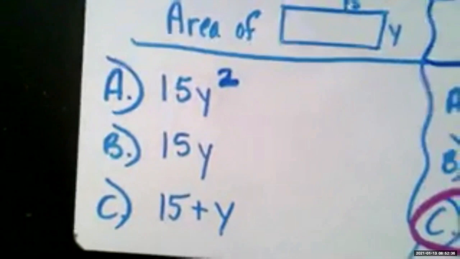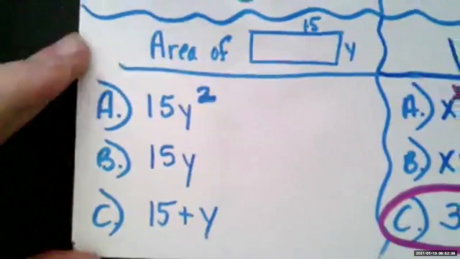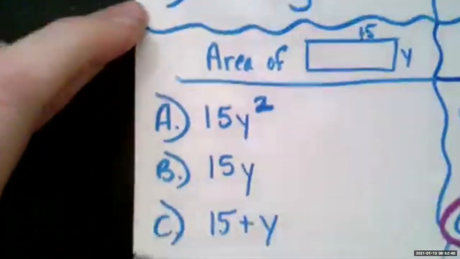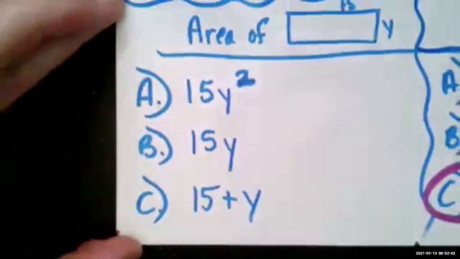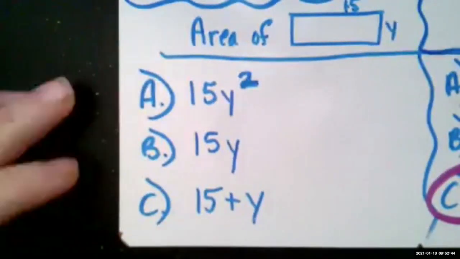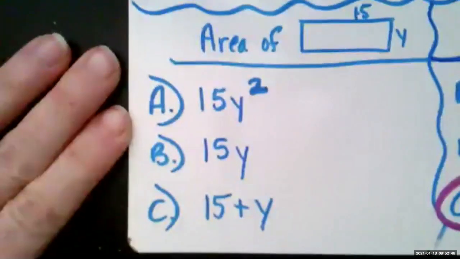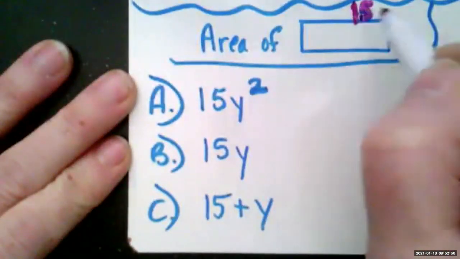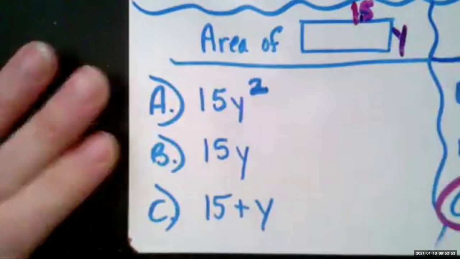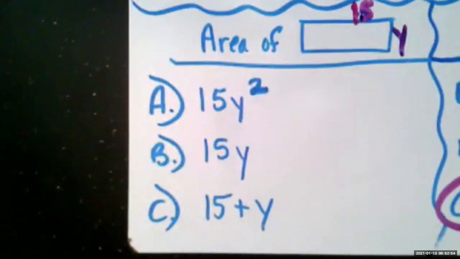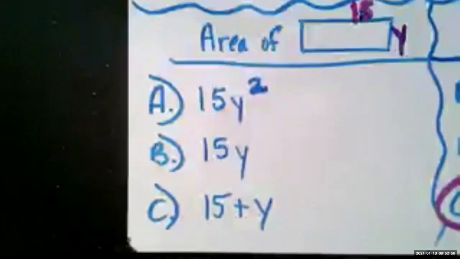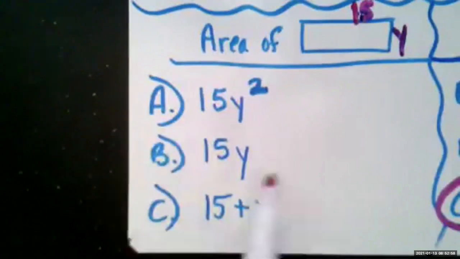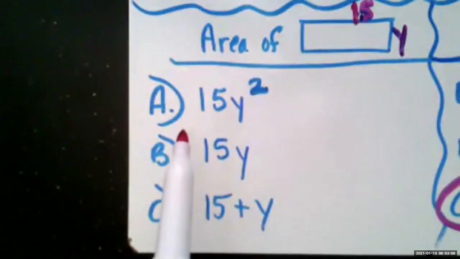And another example, what if the sides are different? What if it's not a perfect square? Let's say that I have a rectangle here. One side is 15 and one side is y. I don't know how much the other one is. So which one of these would represent the area of this rectangle?